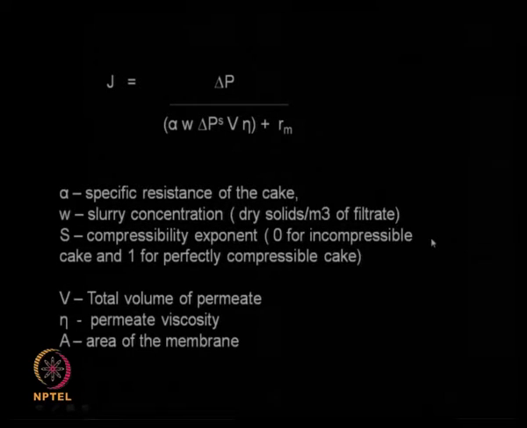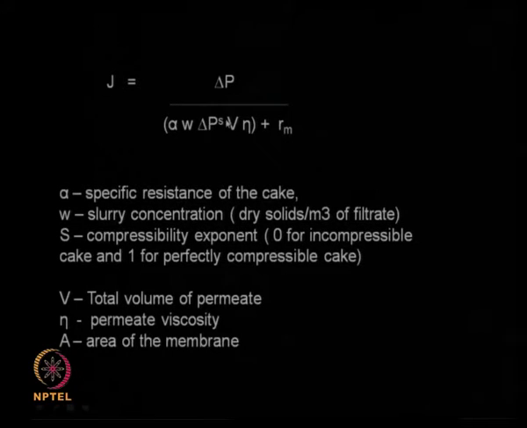So it is 0 for incompressible. When you substitute 0, delta P raised to the power 0 becomes 1. So compressibility will have no effect on the flux, whereas if the cake is compressible, then you put S as 1, then your driving force gets decreased, because if the cake is compressible, what will happen? If you put too much driving force or too much pressure, the cake will get compressed and the flow rate gets decreased. So you need to balance that.